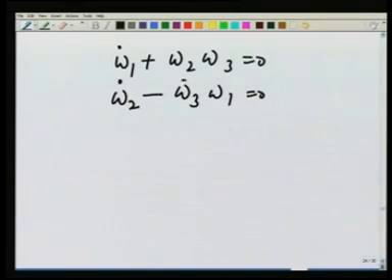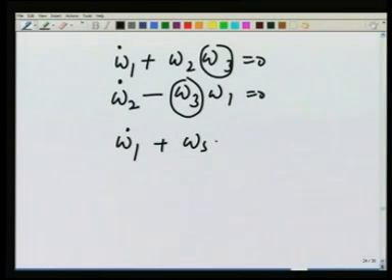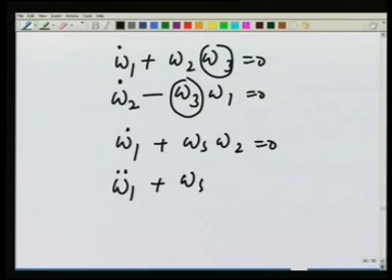Omega 3 we are calling omega spin, which is a constant, and therefore I have omega 1 dot plus omega spin omega 2 is equal to 0, which I differentiate once more to get omega 1 double dot plus omega spin omega 2 dot is equal to 0, and omega 2 dot from the other equation can be substituted as omega spin times omega 1.